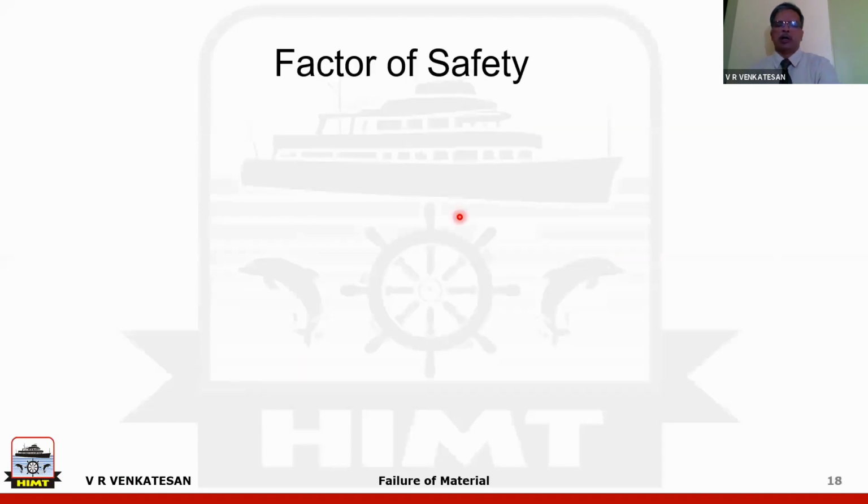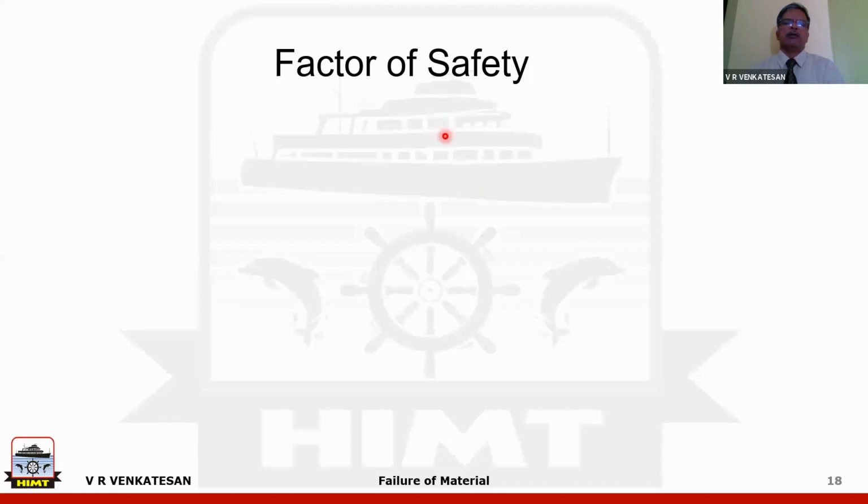So how do you do this? How do you bring down the actual stress below allowed values? It is based on these factors. So you have this number called factor of safety. This factor of safety is a ratio between the ultimate stress and the maximum working stress.